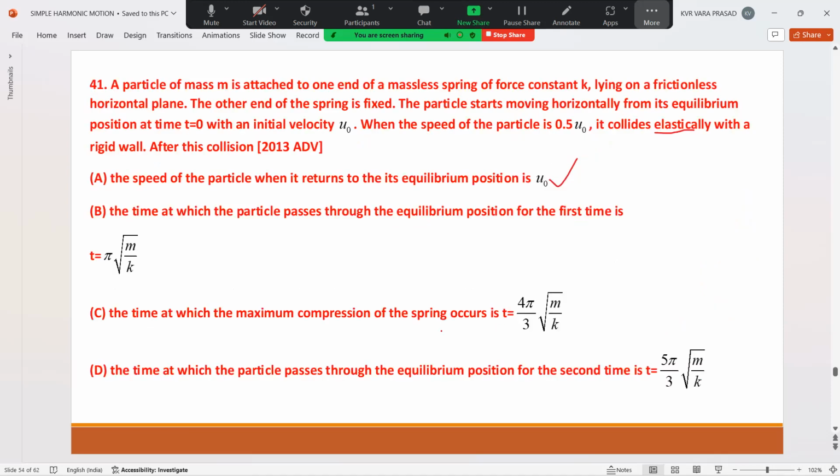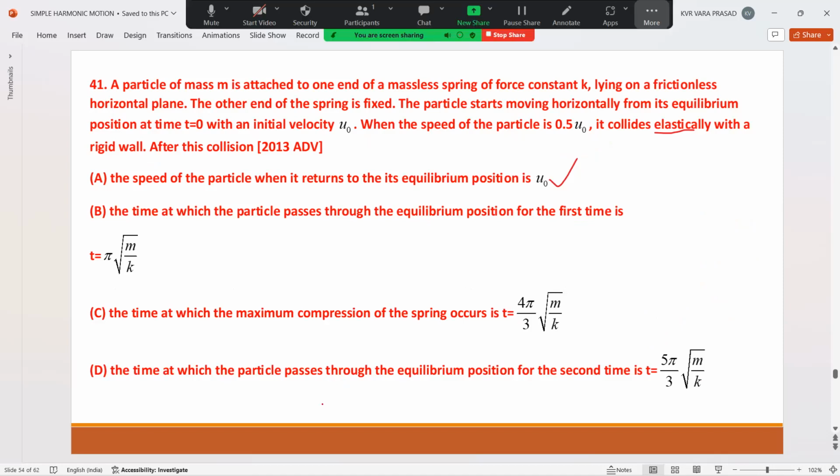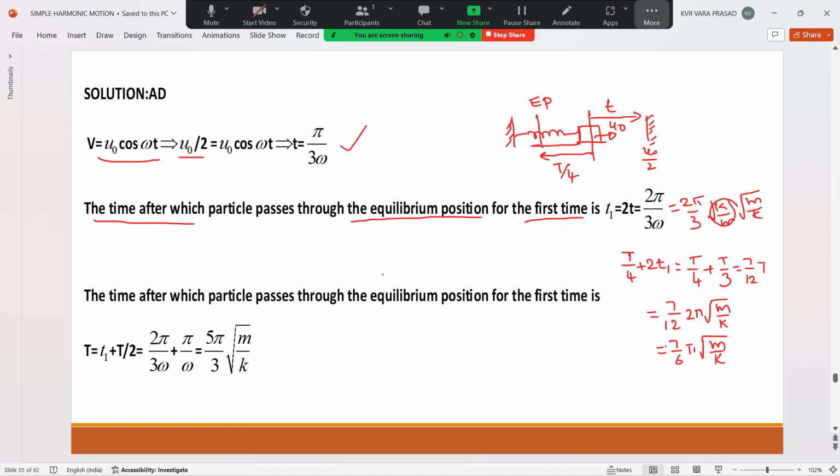Next, see the fourth option: the time at which the particle passes through the equilibrium position for the second time. See the diagram carefully. To come back to the mean position for the first time, the time taken is t1.